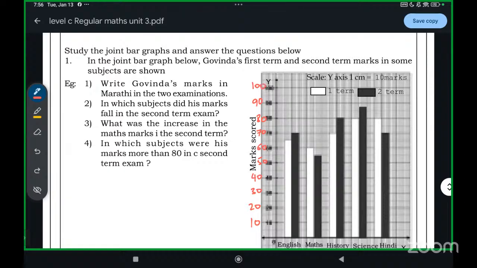Okay, so let me ask you some questions. Abraham, write Govinda's marks in Marathi in the 2 examinations.